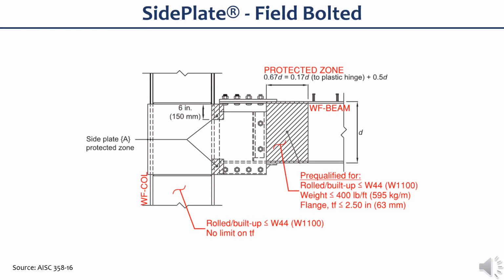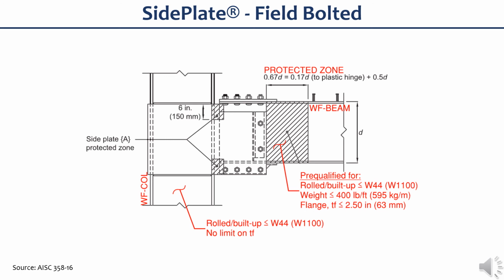For the field bolted connection shown on this slide, it is pre-qualified for beams not more than W44 with a maximum weight limit of 400 pounds per foot and a flange thickness to a maximum of 2.5 inches. For the column part of the SMF, WF sections are limited to W44.